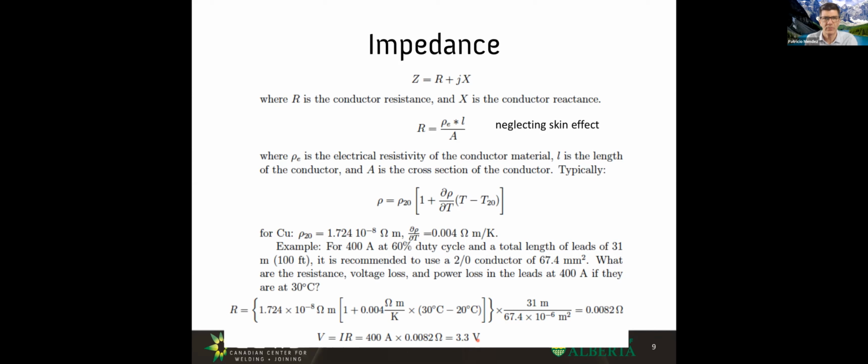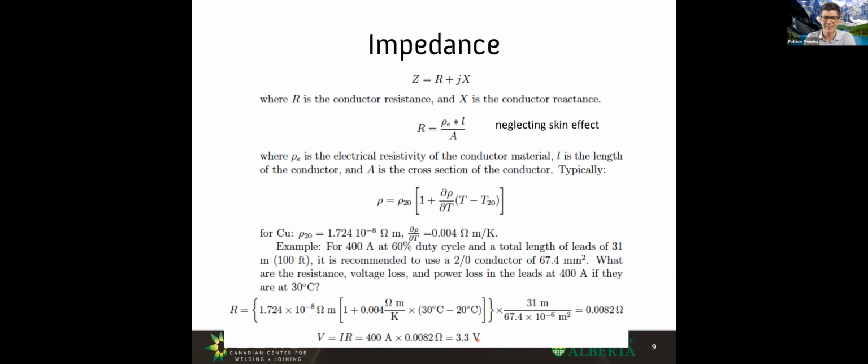If the cable was half as long, I would have 1.65 volts. And if you read the Lincoln Procedure Handbook, it says, well, don't try to anticipate the voltage loss. Just use the shortest cable you can.